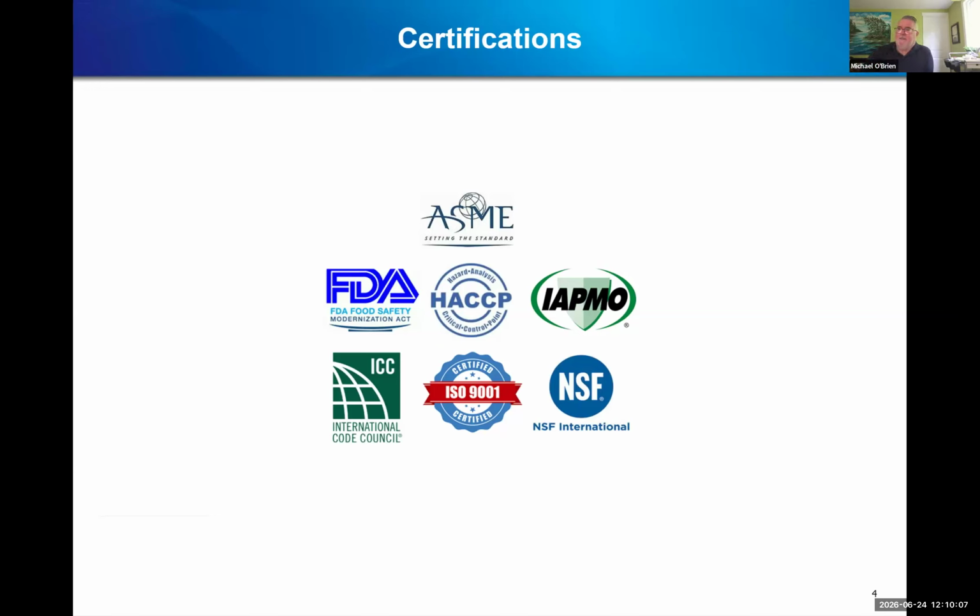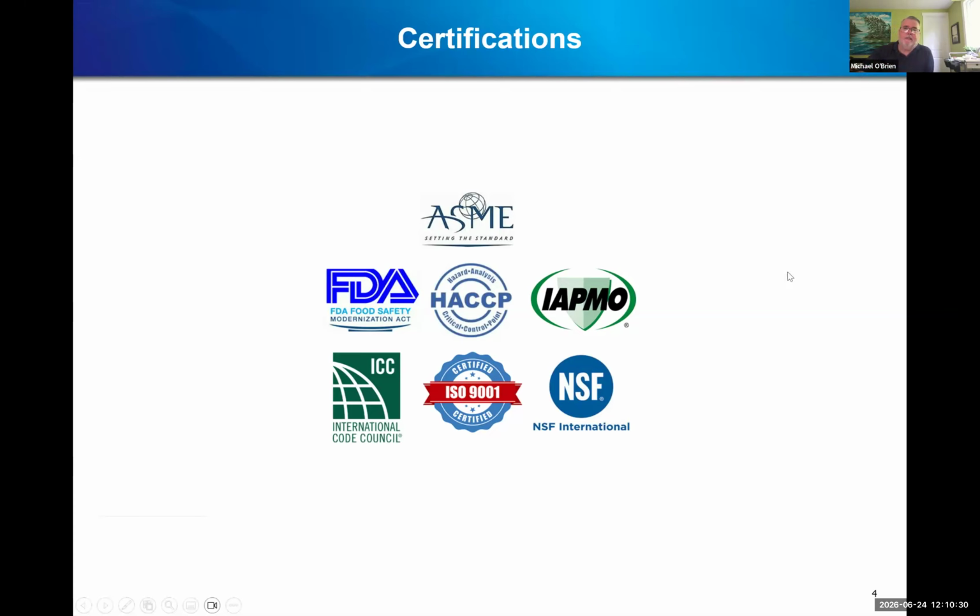I know there's been interest in a CSA type of certification, and they have one for residential type drainage products, but they currently don't have one for other types of drainage. They're very close to releasing it in conjunction with NSF, a standard that would cover other types of drainage.